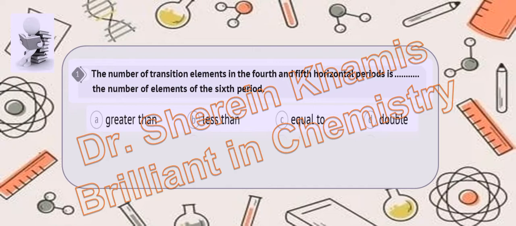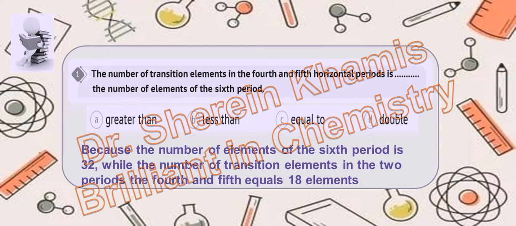If we compare them, we will find that in the sixth period we have a great number of elements, 32 elements, but the number of transition elements in the fourth and fifth periods is only 18 elements. So in fifth and fourth we have a smaller number, 18, but in the sixth period we have 32 elements.